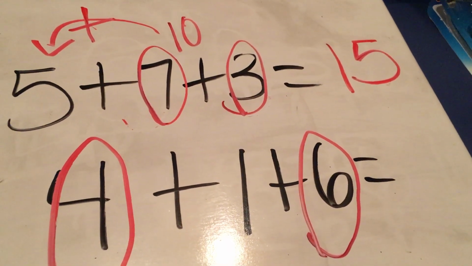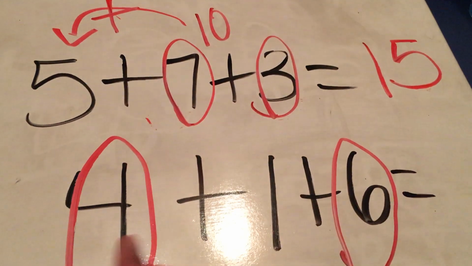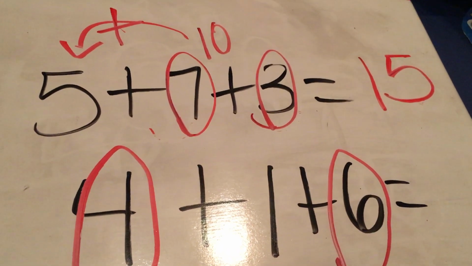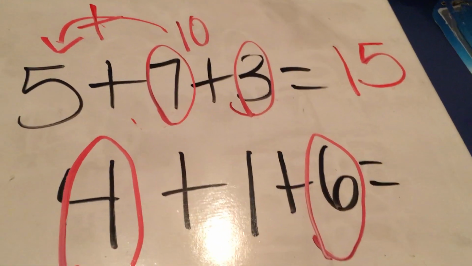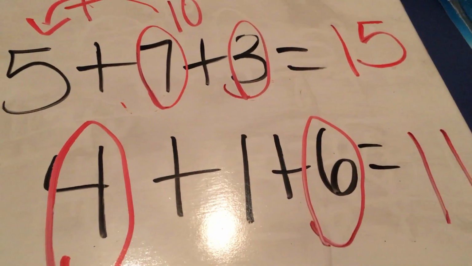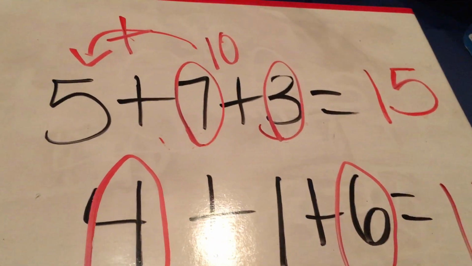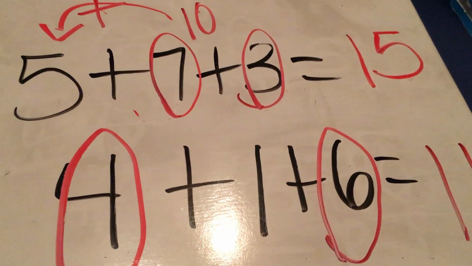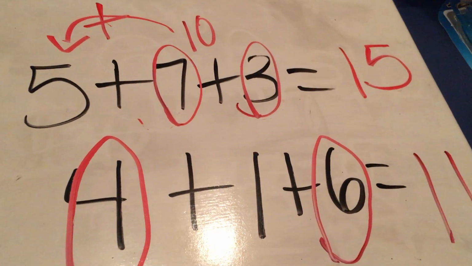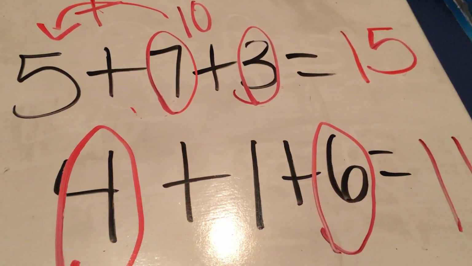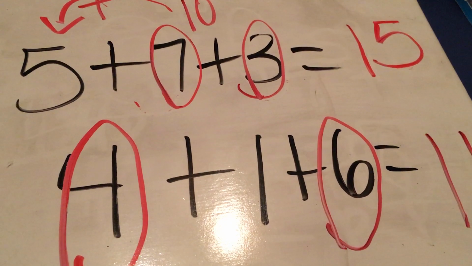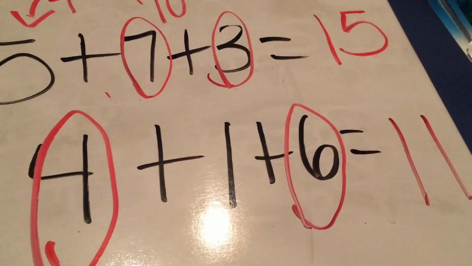Now I have to go back, remember, and grab my last number. So I have 10 plus 1, and that's going to give me 11. So now I know that 4 plus 1 plus 6 equals 11. That strategy is to find a 10, and you're going to have some practice with that on your workbook pages.